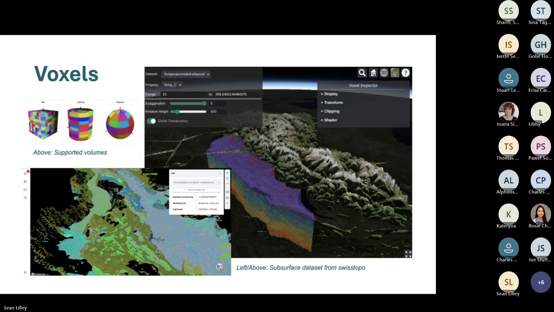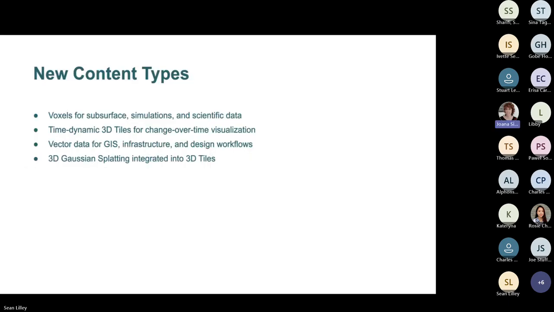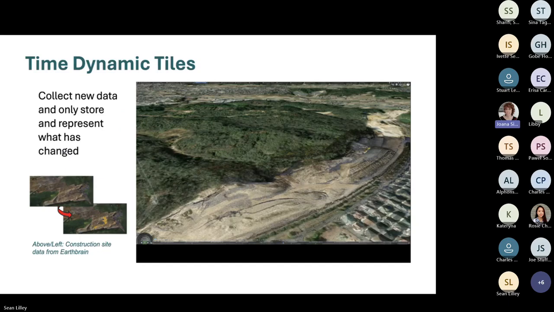When you mentioned the time dynamic tile, have you integrated the shader inside the 3D Tiles already? Depending on the type of data, yes, there will be special shaders. But this one is actually a fairly simple shader.